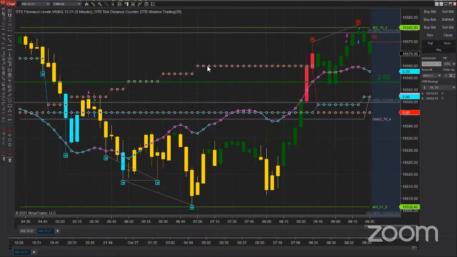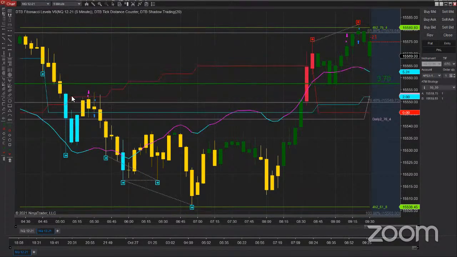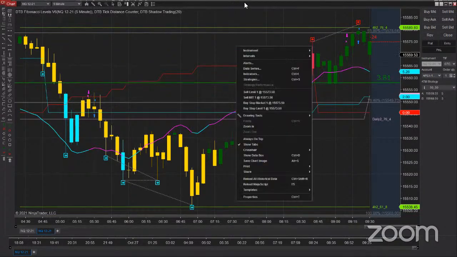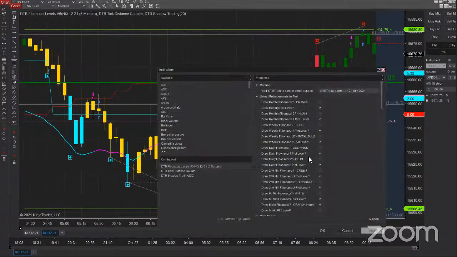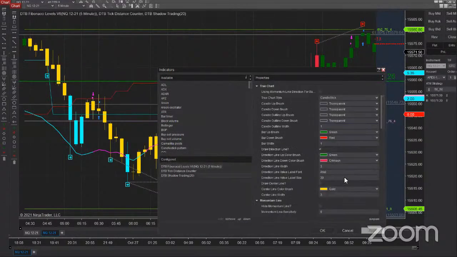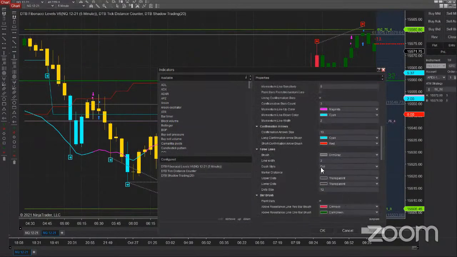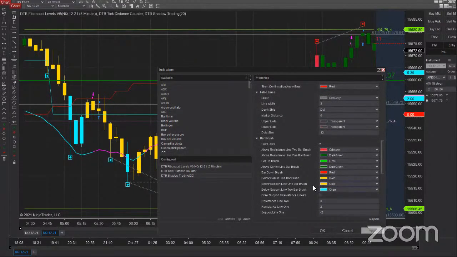These lines you're seeing here are in the shadow trading. They're the plots that you can select to build an automated strategy. If you don't want to see those plots specifically, you can go into the shadow trading and disable them over here somewhere.